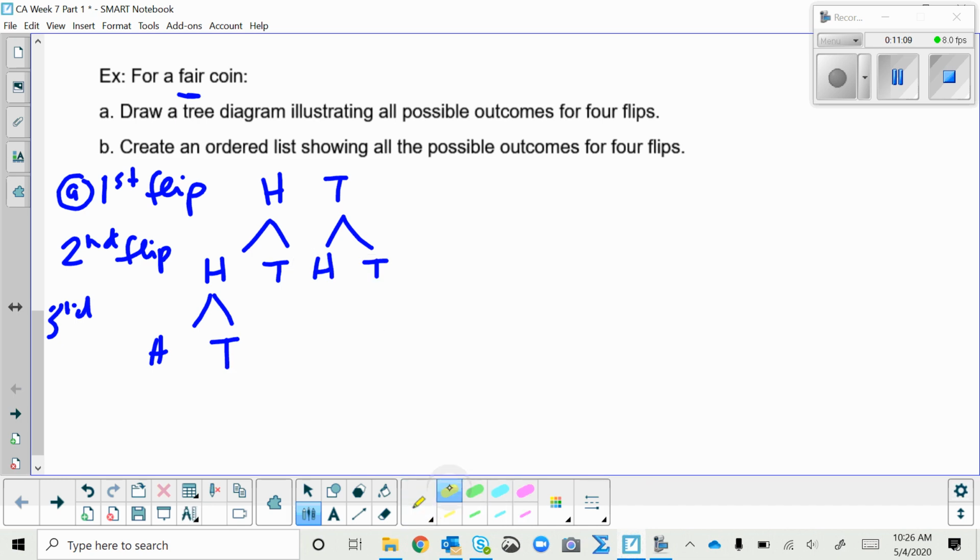So for example, what's starting to happen here is if I had heads on the first flip and heads on the second flip, I could also have had tails on the third flip. You're starting to see a progression of all the flips, all the different ways, all the different outcomes you can get. If I was heads first and then tails on the second, I could get heads, tails again there.